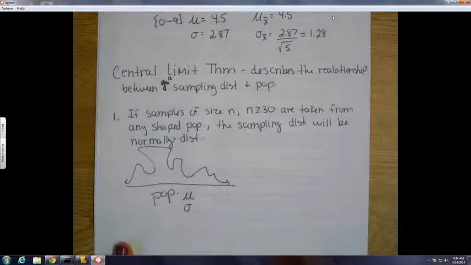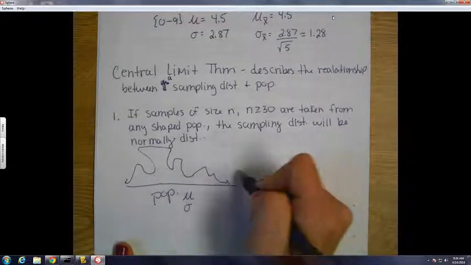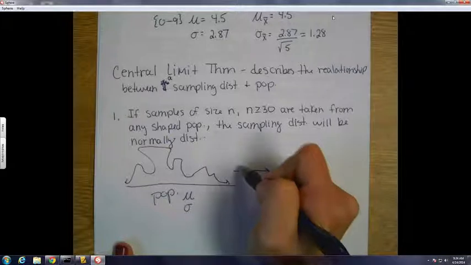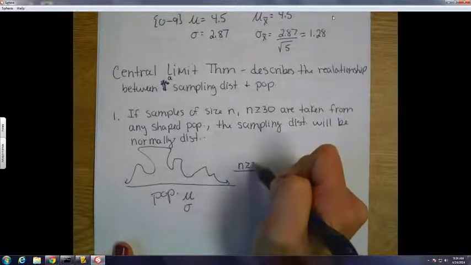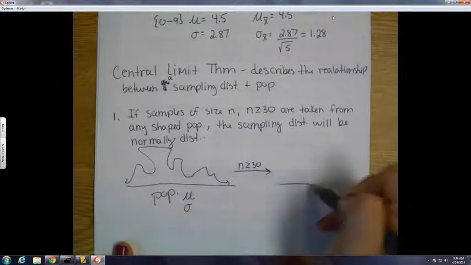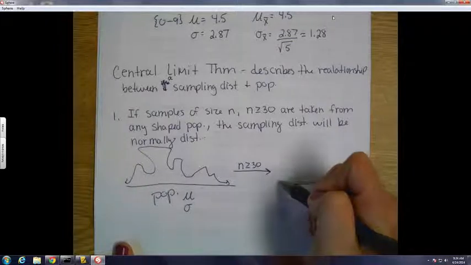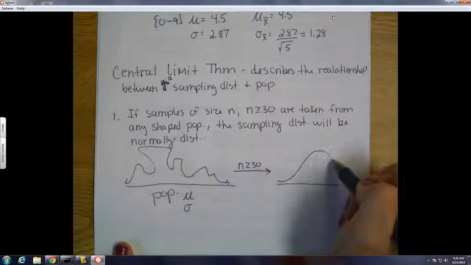If I take samples of size 30 from here, and I keep doing samples of 30 over and over again, and then I look at that shape, so I have to take at least 30. What happens? My sampling distribution turns out to be normal.